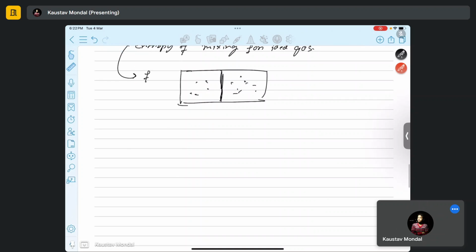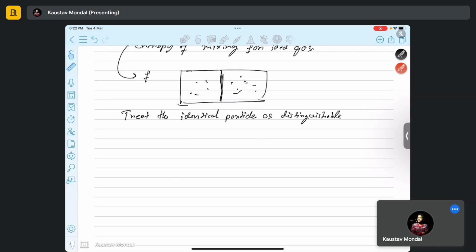Previously, before this Gibbs paradox got resolved, we were treating identical particles as distinguishable, okay?